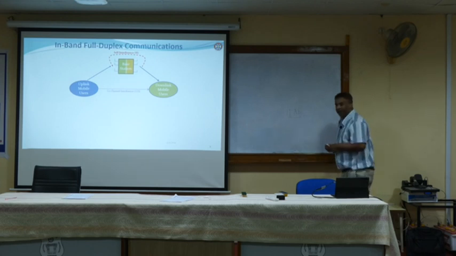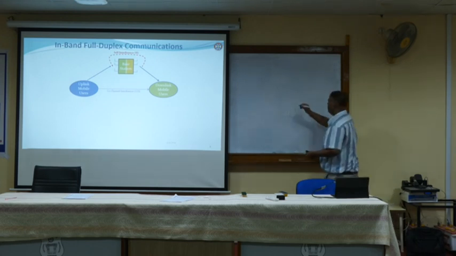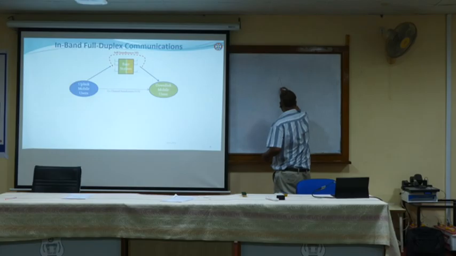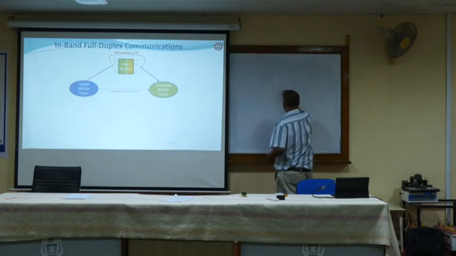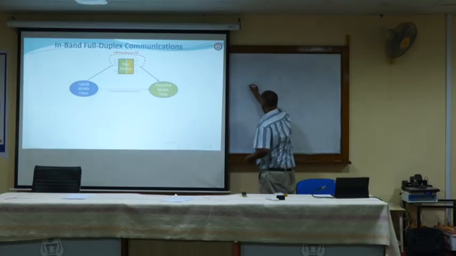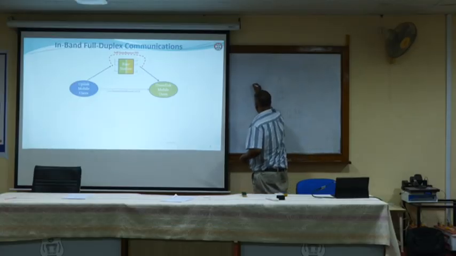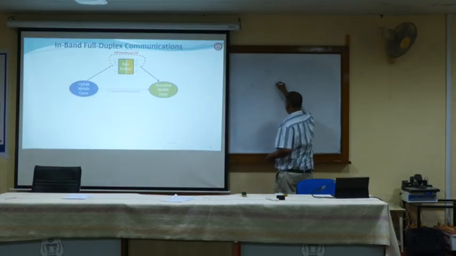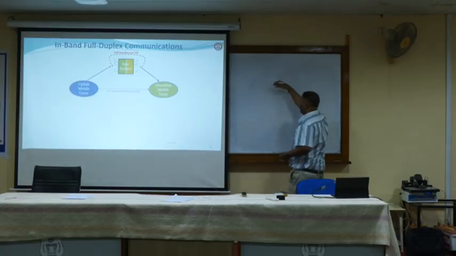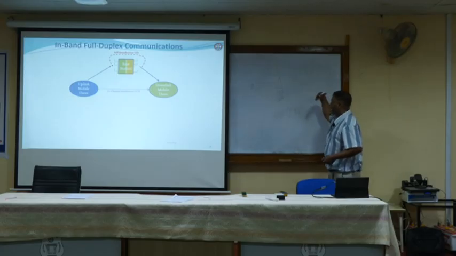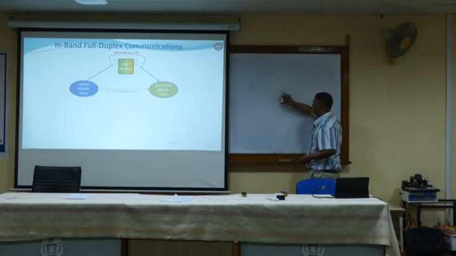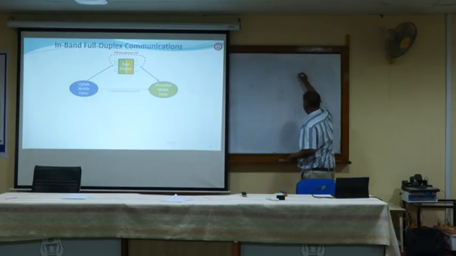What is integrated access and backhaul? As I told you, there is an IAB node, integrated access node here, and there's a base station here, gNodeB. It will send information to this node, because for millimeter wave frequency we need to extend the coverage by using an IAB node, and these nodes will serve users here.